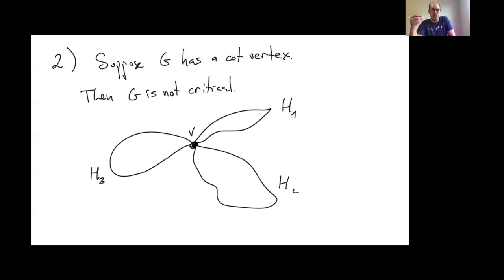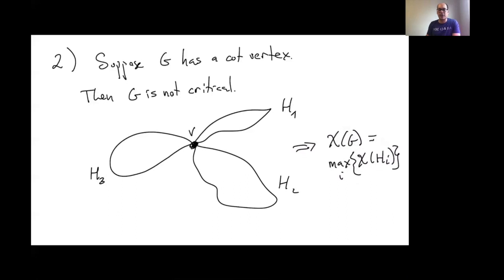These components correspond to the so-called blocks of the original graph. If each of these is k colorable, then the whole graph will be, because you can always make colorings agree by swapping colors at the glued-in vertex V to make colorings of H1, H2, and H3 agree and give you a coloring of the whole graph.